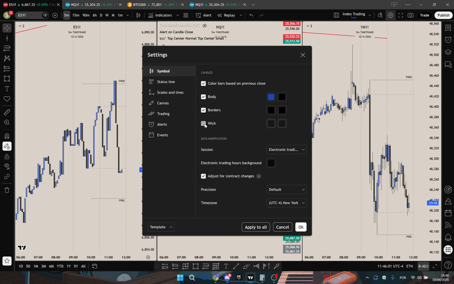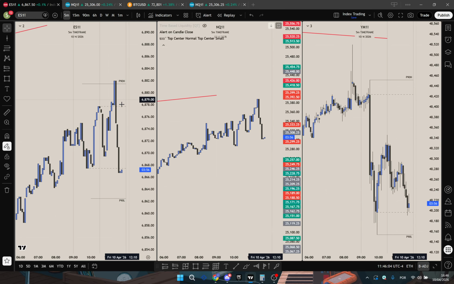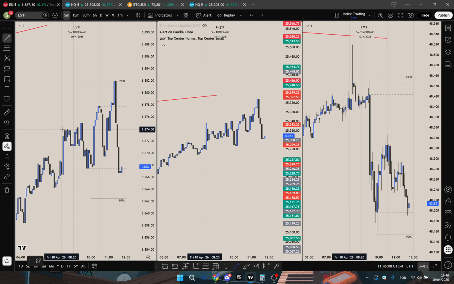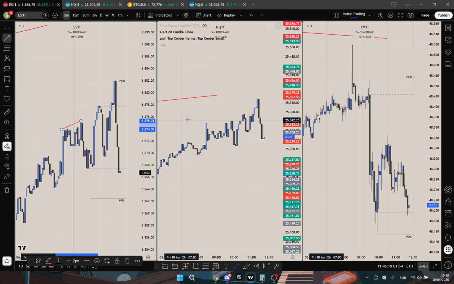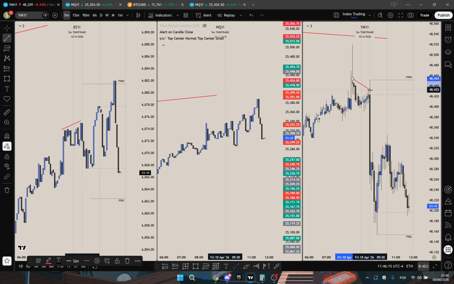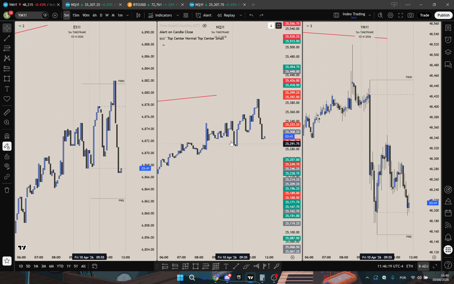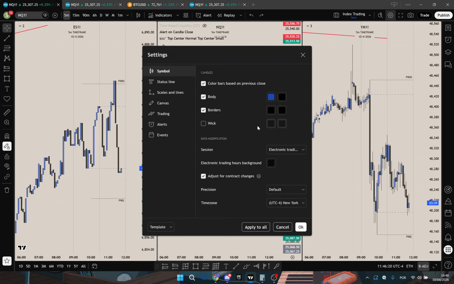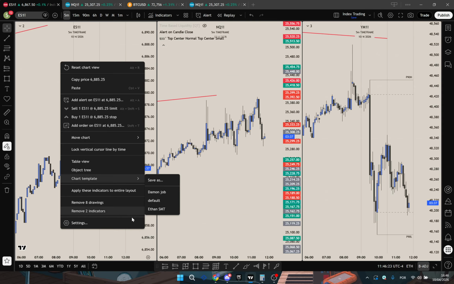If I turn off the wicks, you can see that ES right here made a higher high with the bodies, but YM's bodies made a lower high. So that was the SMT that I was paying attention to, an SMT between the candle bodies.